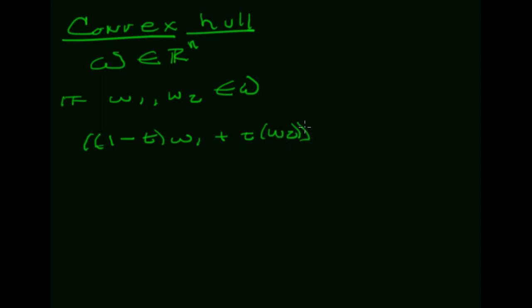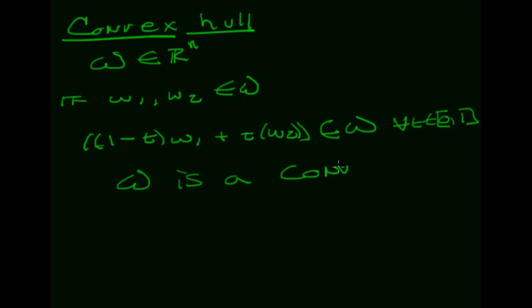If that whole line segment is in the region omega for all t in [0, 1], so the whole line segment is inside the hull, then we say that omega is a convex hull.